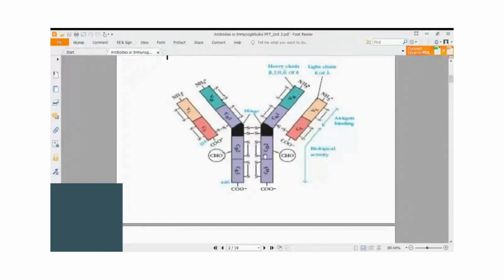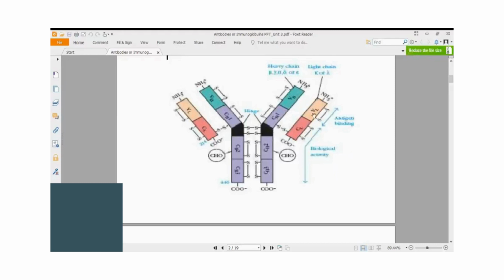This constant region can be up to CH4, which I will tell you a little later. The heavy chain is a product of chromosome number 14, and the variable region gene on chromosome number 14 is present at a far away distance, and that recombines with the constant region gene to constitute the heavy chain.